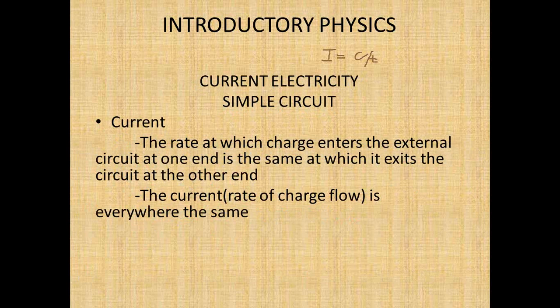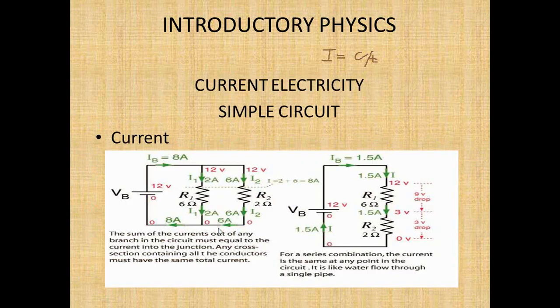Remember, current is the quantity of charge per unit time. So the current going in is going to equal the current going out. Okay? So the current everywhere is the same, and this is what we mean.